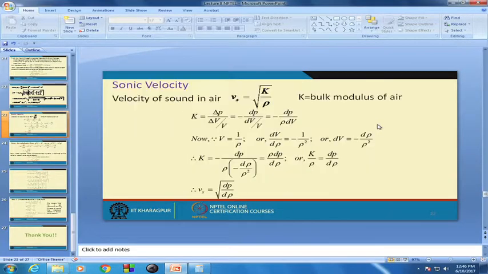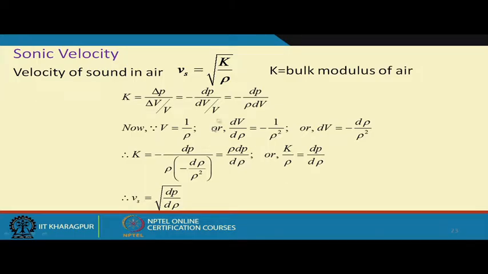So, for recapitulation, let us look into that whole thing, for the sonic velocity. We had started with this, that sonic velocity Vs, the velocity of sound in air, is under root K by rho, where K is the bulk modulus of the medium.